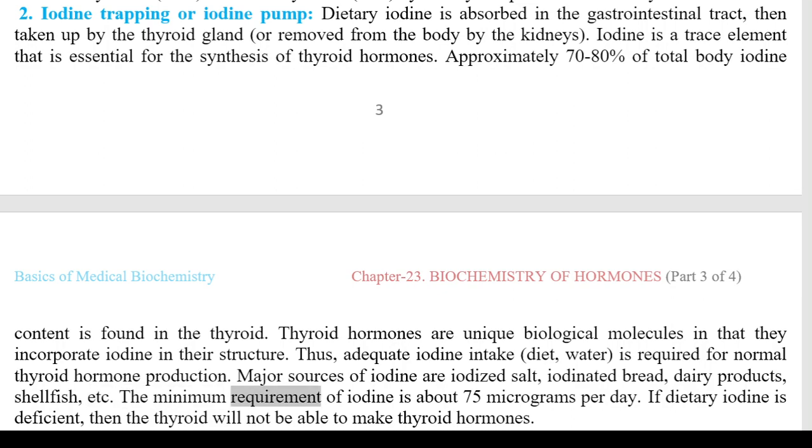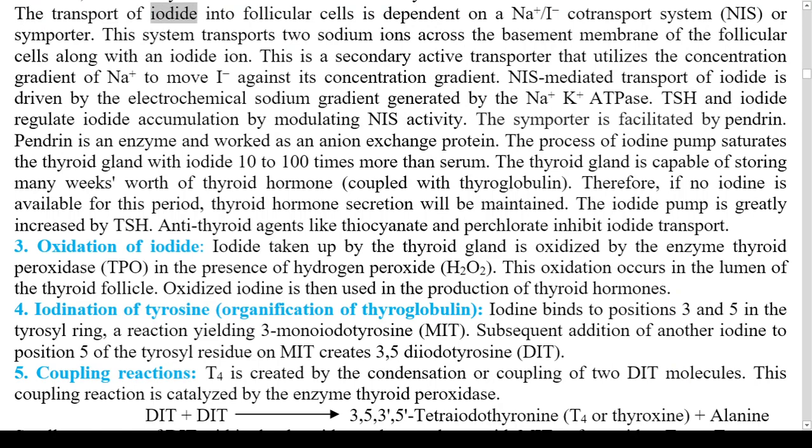The minimum requirement of iodine is about 75 micrograms per day. If dietary iodine is deficient, then the thyroid will not be able to make thyroid hormones. The transport of iodide into follicular cells is dependent on a Na+/I- cotransport system, NIS, or symporter.